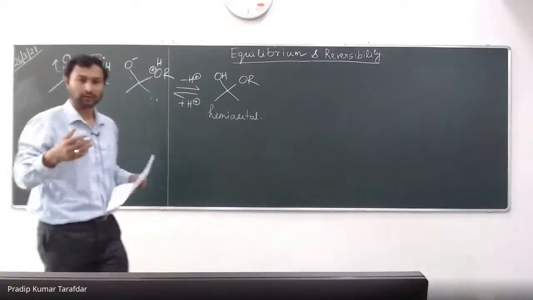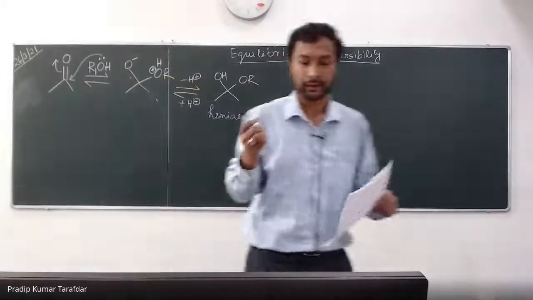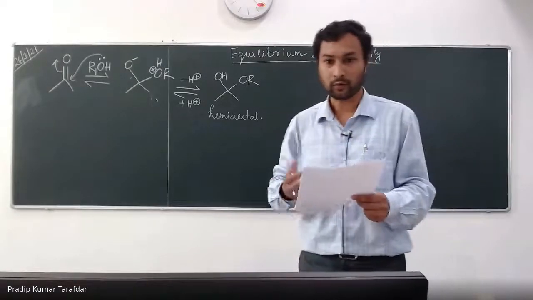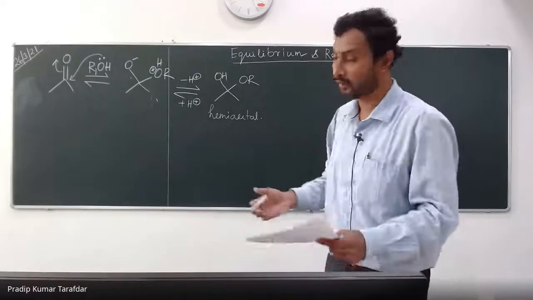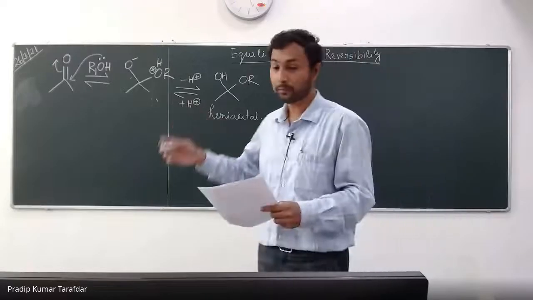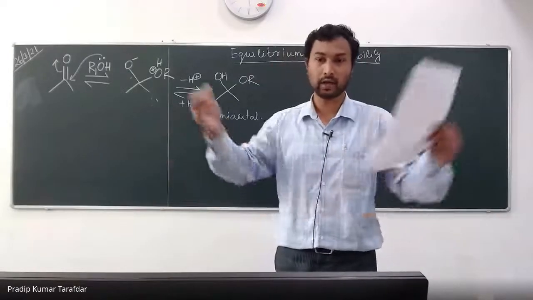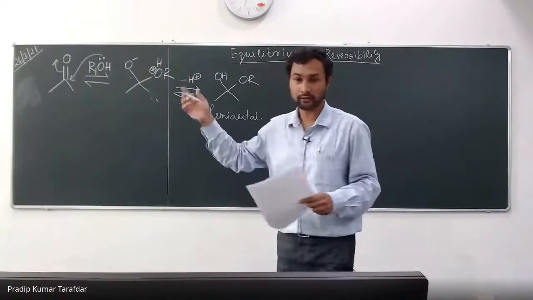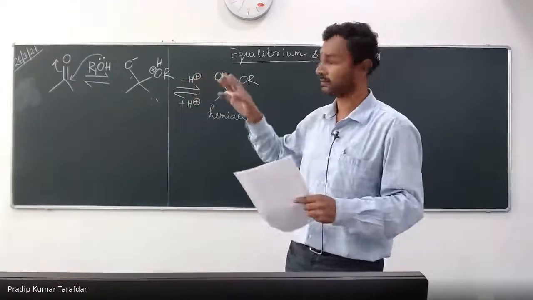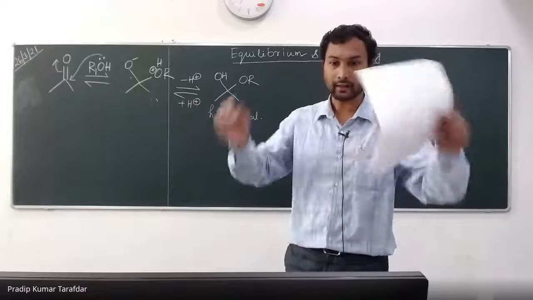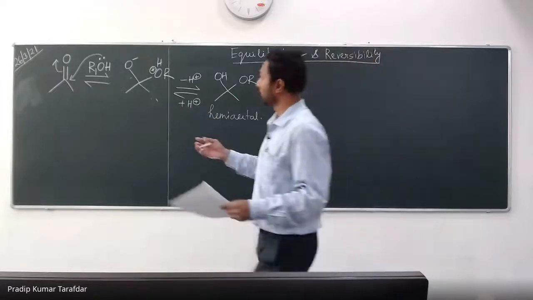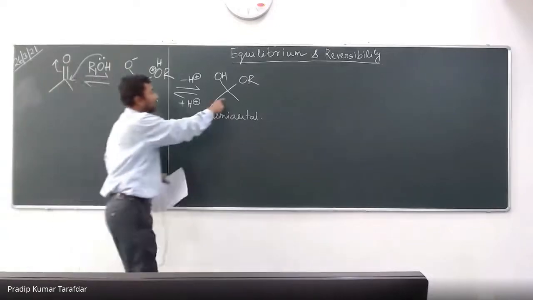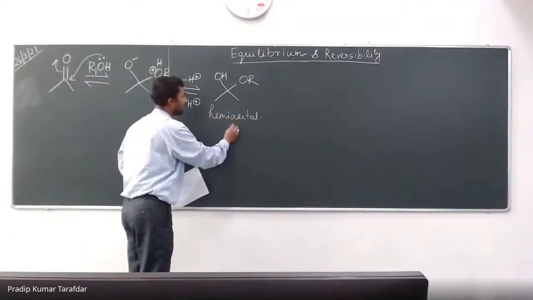So that's what we started our topic with: when people dissolved formaldehyde in water, they found that the carbonyl peak is missing. There is no carbonyl peak. And similarly, when you dissolve an aldehyde in an alcohol, then this double bond won't be there. It will exist as a hemiacetal.